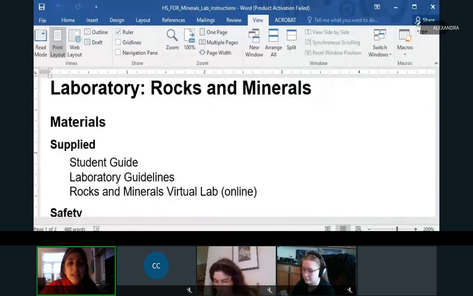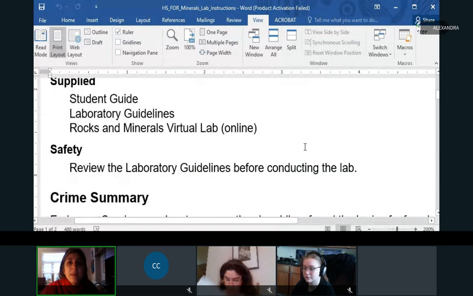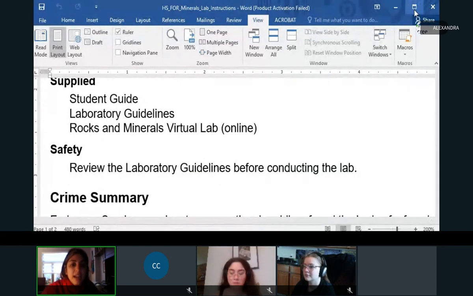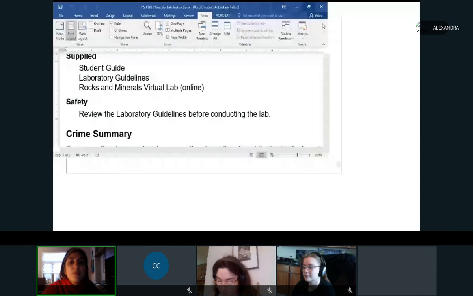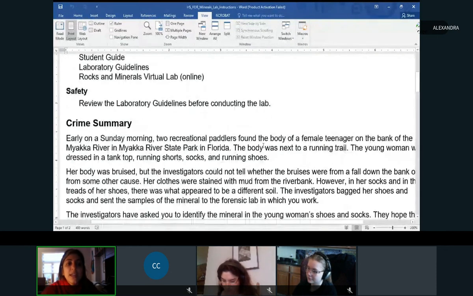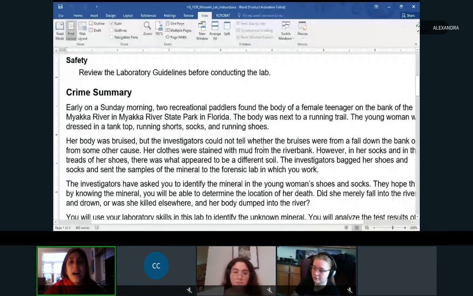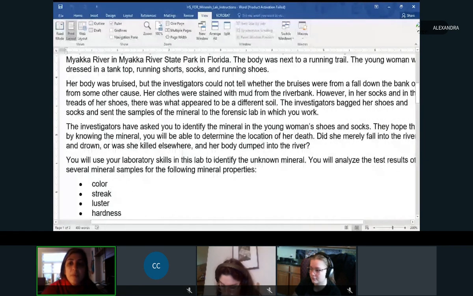So when we're talking about this lab on Friday, really what you're going to be doing is making comparisons. You're going to be looking at the different characteristics of a rock or of a mineral and comparing the unknown to the known minerals. The background story is that there were recreational paddlers, and they found the body of a female teenager that had bruises and mud from the riverbank.